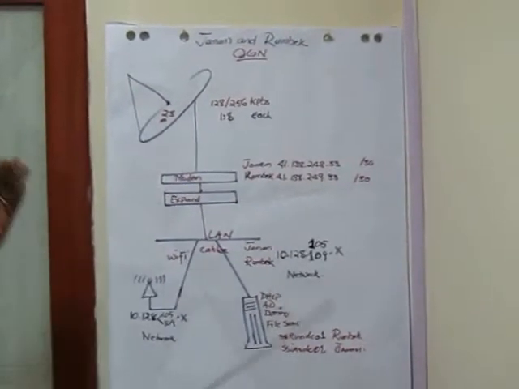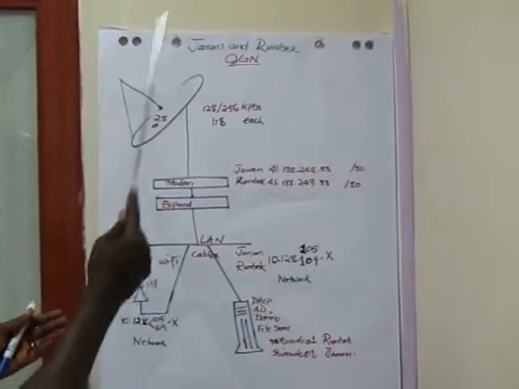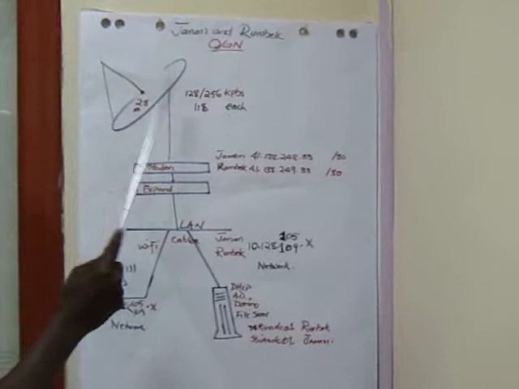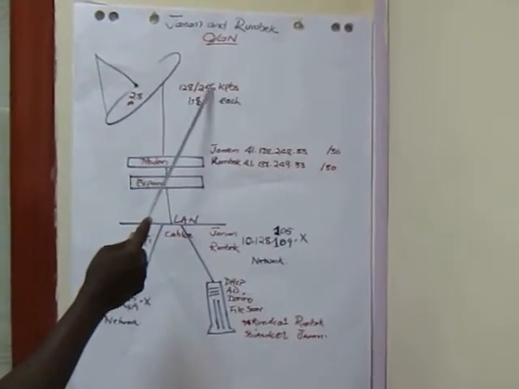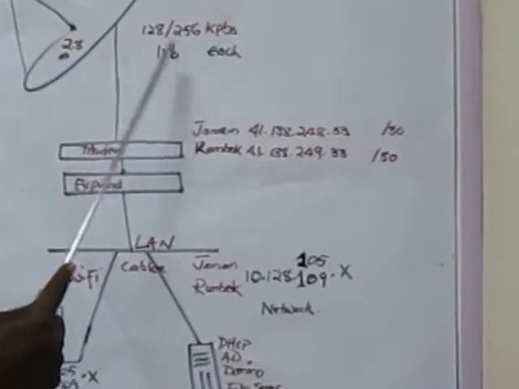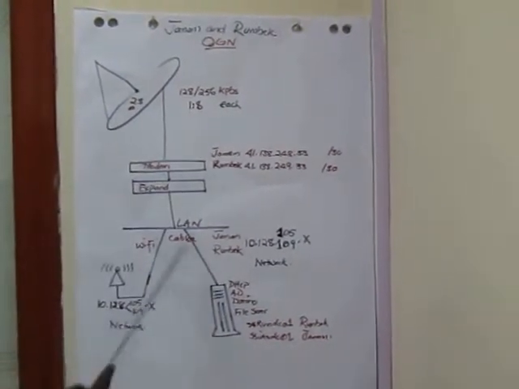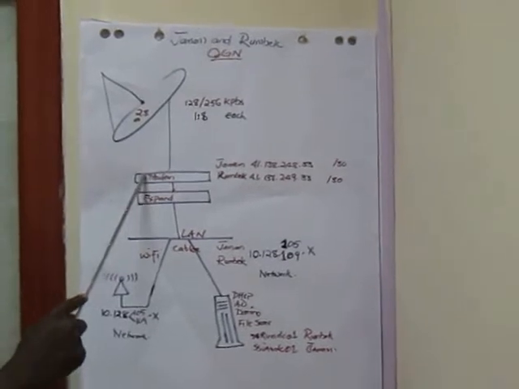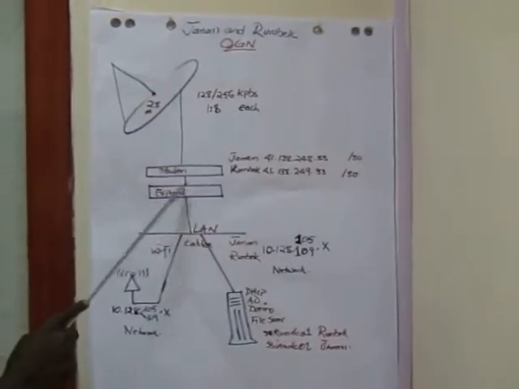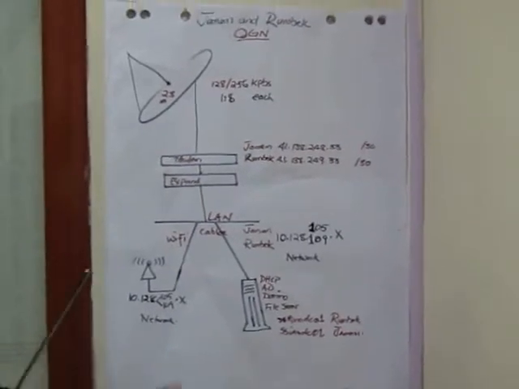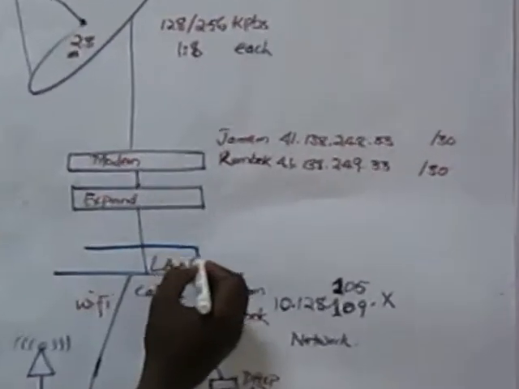Jamam and Rumbek have an identical setup. That's why we just summarize them into this one slide. We have a 2.8 meter dish with 128 to 256 kbps, 1 to 8 contention each to the two offices. The connection comes down to a modem, and the modem connects to Expand, and the Expand connects us to the LAN, where most of the time we have a number of switches.